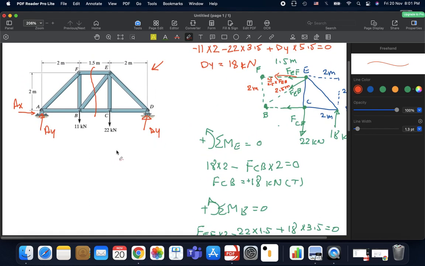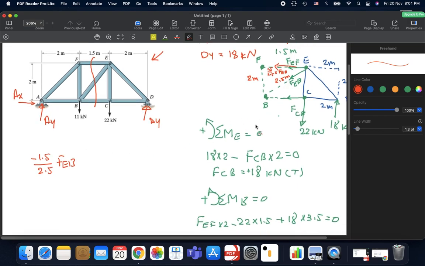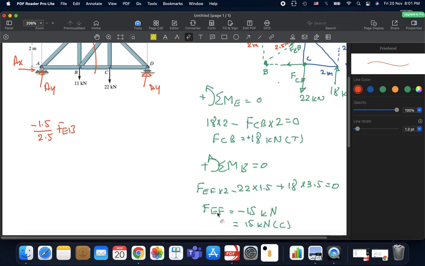So now, minus 1.5 over 2.5 FEB, sorry, plus, now FEF. We said that the direction that we assumed was wrong, right? So we have to take the other direction. That means it's going into the joint from left to right. So now it should have a positive value, plus 15.